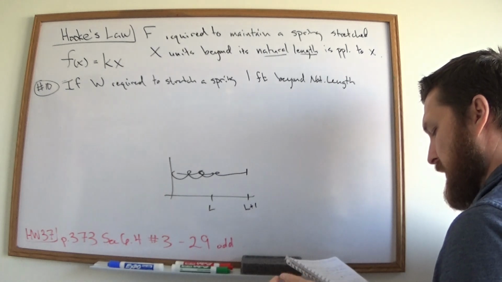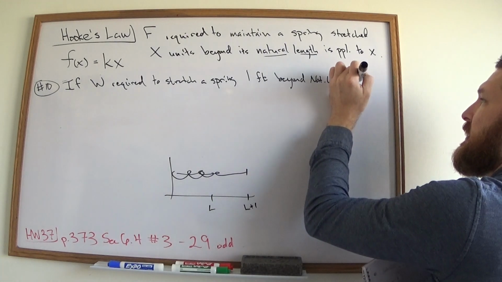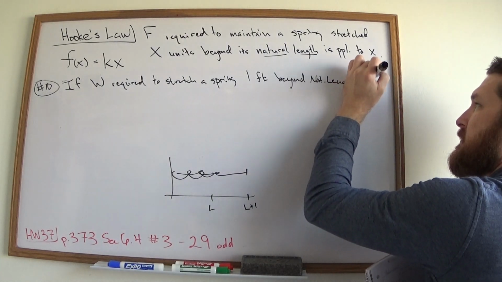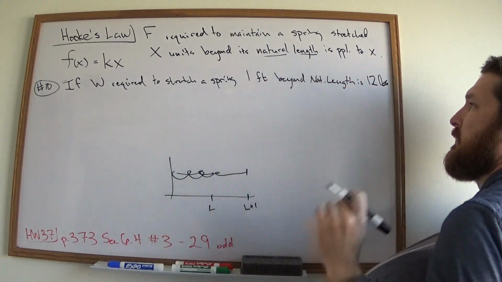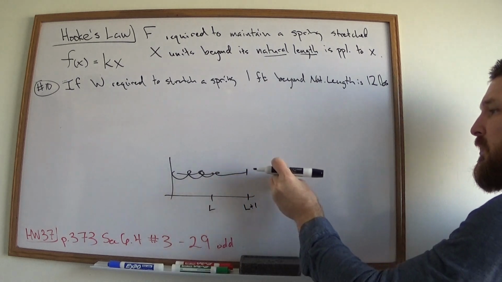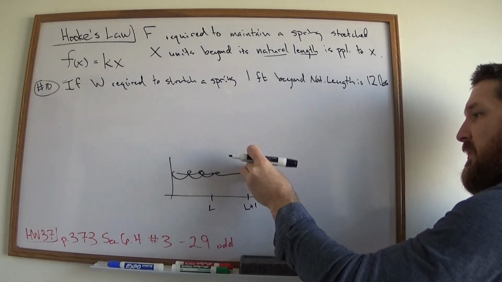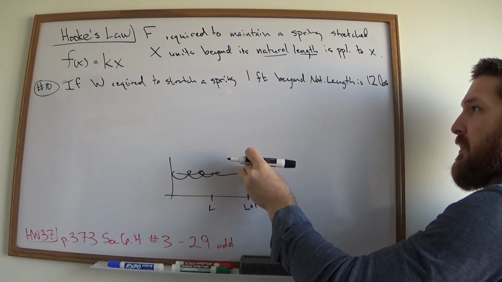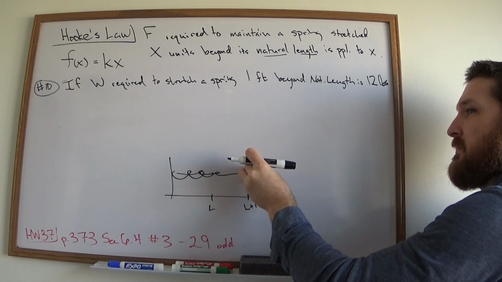Beyond its natural length is 12 pounds. So you've taken a spring, you've stretched it out 1 foot, and that work right there is 12 pounds.